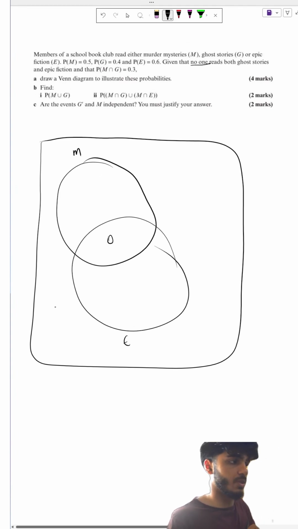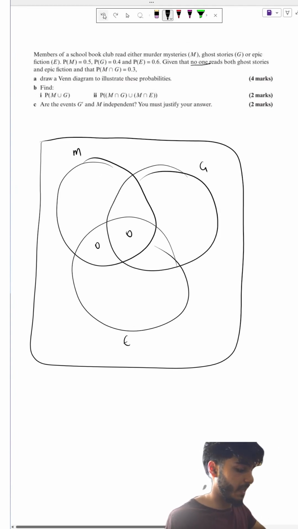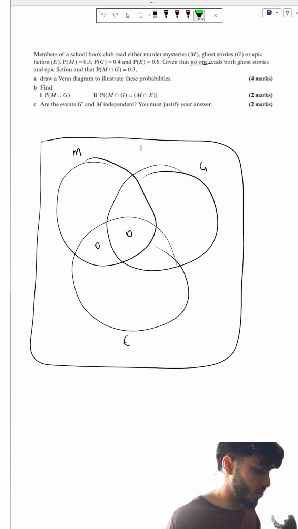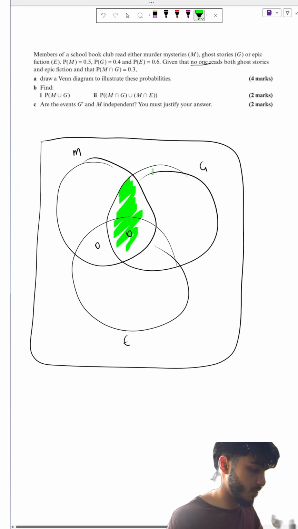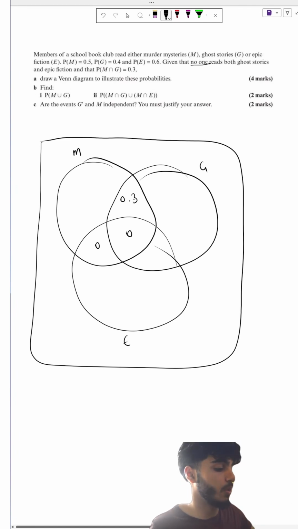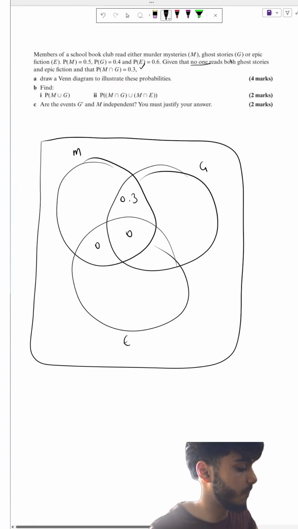The whole thing has to be 0, and that bit includes the center bit. So both of them have to be 0. So that means that if M and G is equal to 0.3, this little section here has to equal 0.3. I've ticked that off.